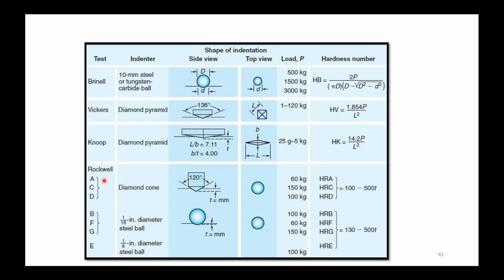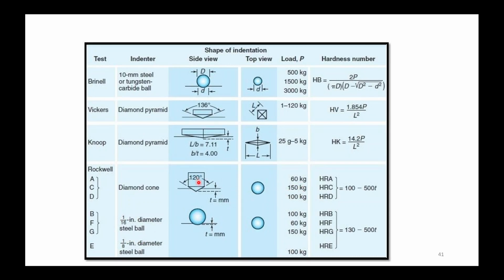In Rockwell hardness, we can use a diamond cone having a 120 degree angle, and we can use steel balls with diameter 1 upon 16 inch or 1 upon 8 inch.